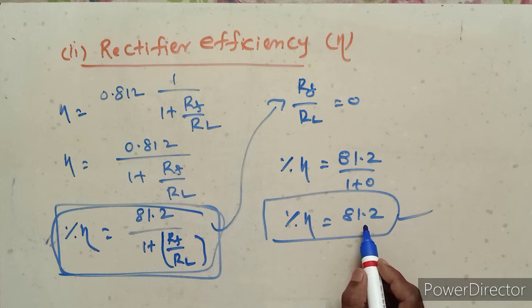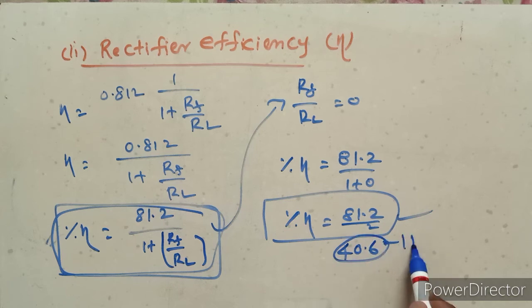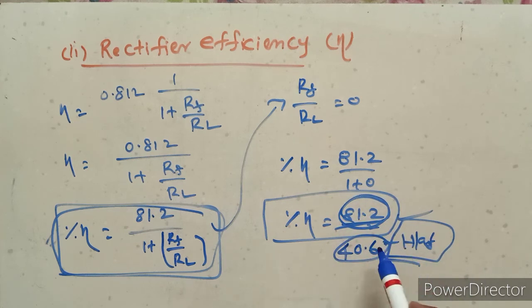The half wave rectifier efficiency is 40.6, and the full wave rectifier efficiency is 81.2. So the full wave rectifier efficiency is double the half wave rectifier efficiency, and the half wave rectifier efficiency is half of the full wave rectifier efficiency.